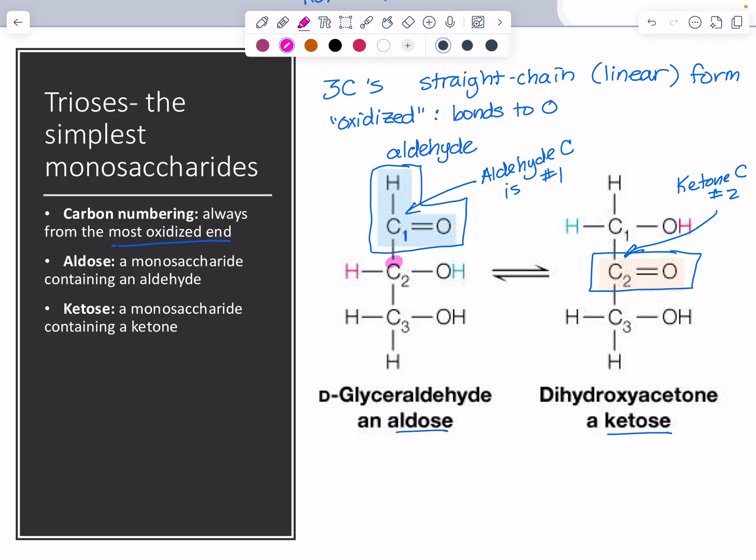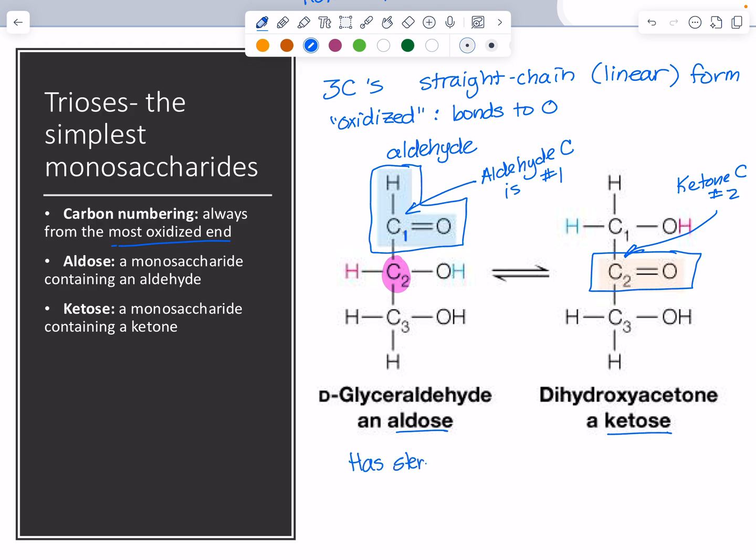Glyceraldehyde has a chiral center: carbon 2 has 4 different things attached to it. Dihydroxyacetone does not have a chiral center. Its carbon 1 has 2 hydrogens attached to it, and carbon 2 has 2 bonds to the oxygen, so that is not a chiral center. So glyceraldehyde has a stereocenter.